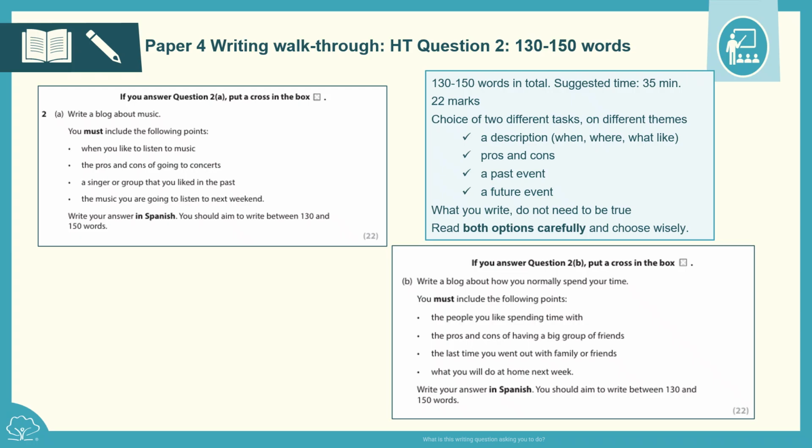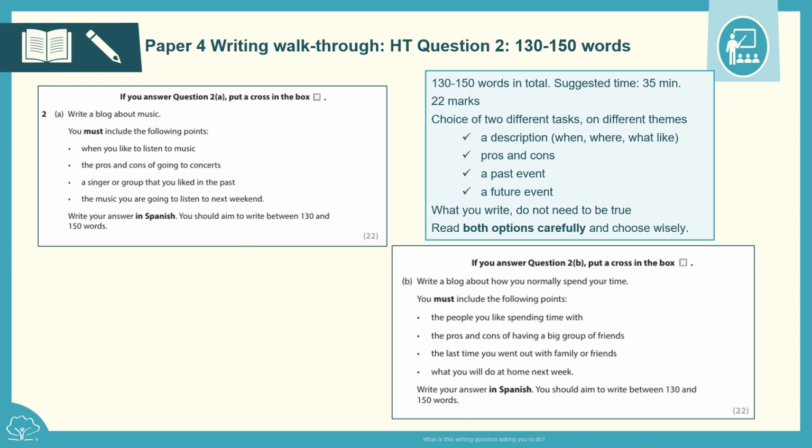So that is super important in this question, because remember, you're always convincing the reader, and if you give your points, pros and cons, and you give examples and reasons why, then you are definitely securing loads of marks. The first bullet point in both cases are descriptions most of the time, and then you also need to write using the past tense and the future tense.